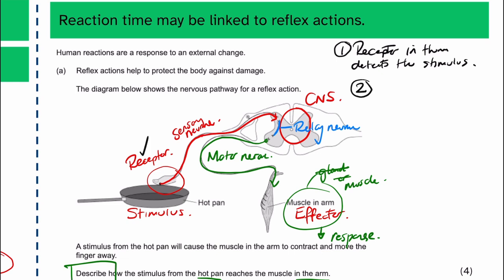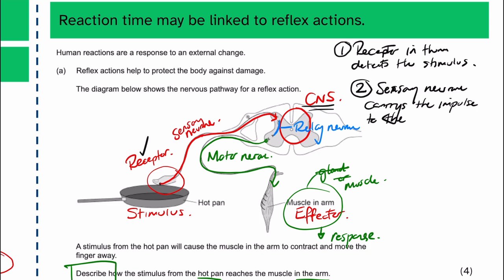We can tick off the receptor, we've done that one. Next, the sensory neuron. So the sensory neuron carries, you can say the information, you can say nerve impulse, okay? So I'm going to use nerve impulse. So the sensory neuron carries the impulse, or you could say electrical impulse, to the, now, CNS.